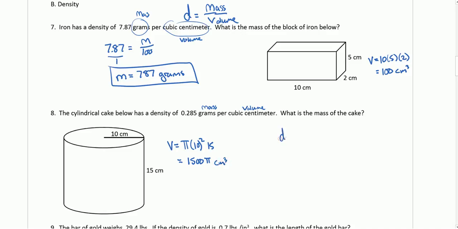And so our density is mass divided by volume. They give us a density of 0.285. We don't know the mass. We've got the volume at 1500 pi. So I'm going to cross multiply, and I get mass times 1, which is mass, is equal to 1500 pi times 0.285.